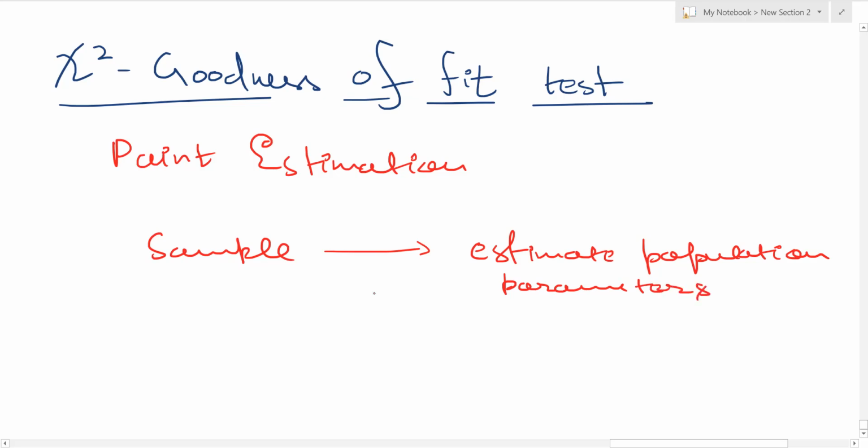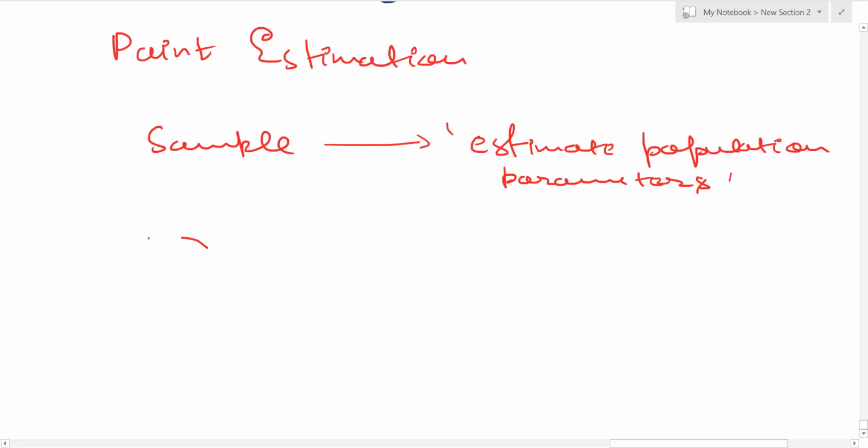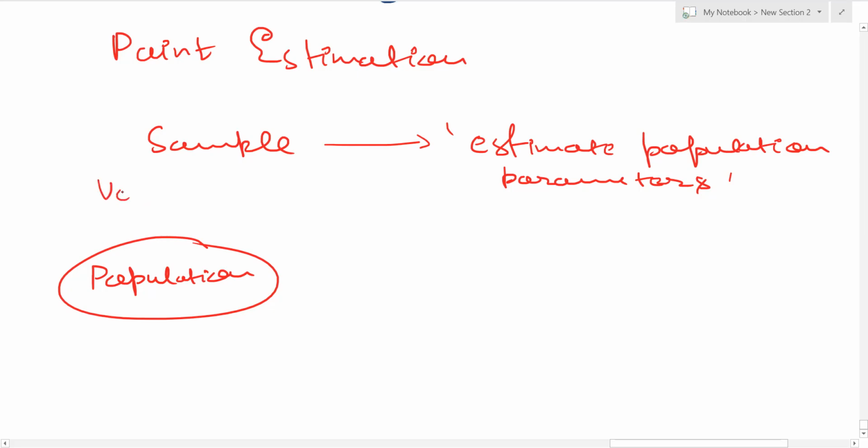So for example, we used to have a certain population. Let's say there were vehicles arriving at a signal, let's say in an hour.